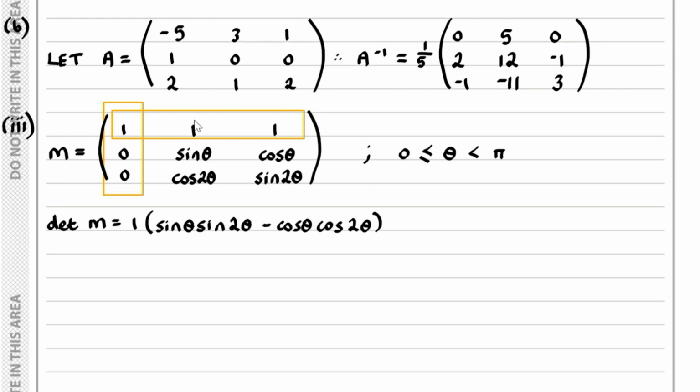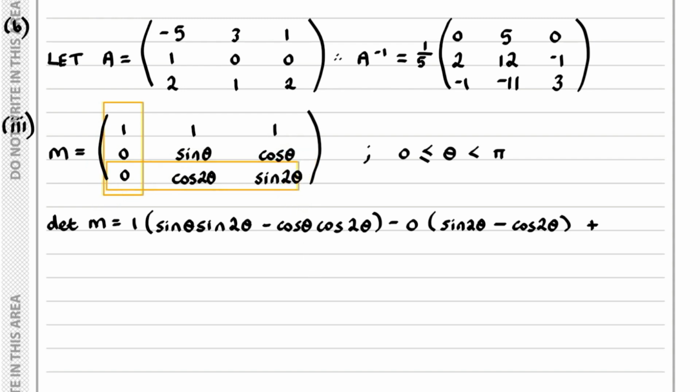And then, if I move this down here, we've got minus 0 lots of 1 times sine 2 theta minus 1 times cos 2 theta, and then we have plus 0 lots of 1 times cos theta minus 1 times sine theta.